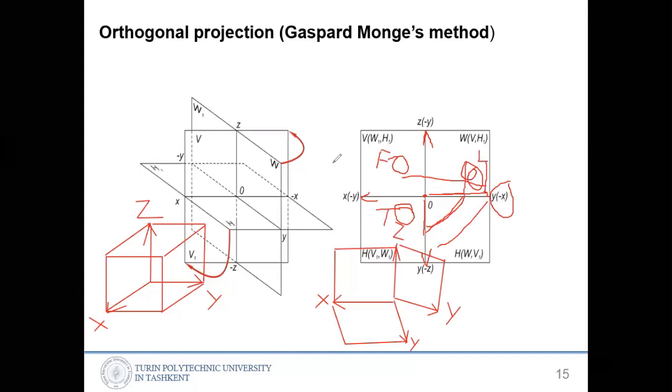Using projections 1 and 2, projection 3 can be generated. Why? Because the distance of this one is the same as this. So the height can be generated using the z's, right?